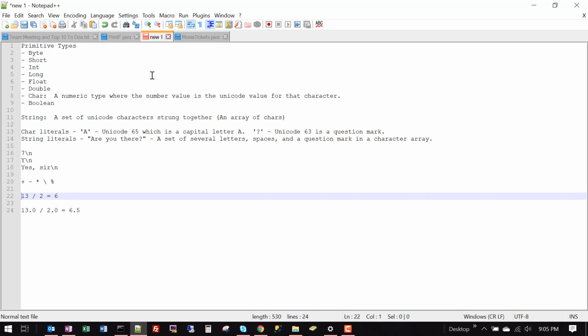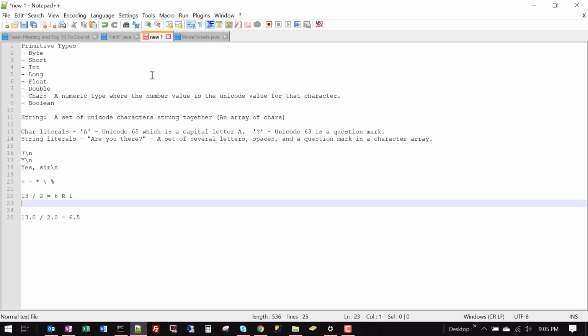But when we were in elementary school, we learned this as 6 remainder 1. When we do 13 mod 2, the answer we get is that remainder. It's the 1. So how we say that is we say 13 mod 2 is 1.